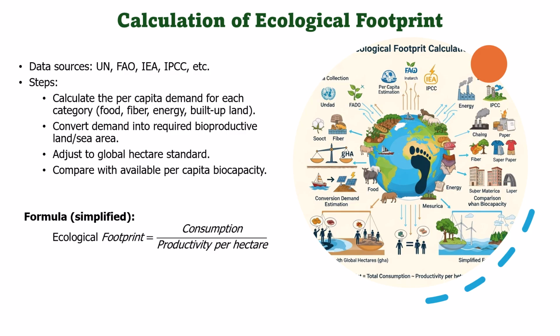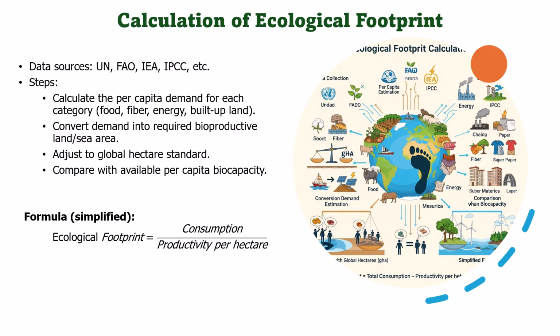This demand is then translated into the amount of biologically productive land and sea area required to meet it. Next, the values are adjusted into a common measurement unit called the global hectare, which accounts for differences in ecosystem productivity worldwide.